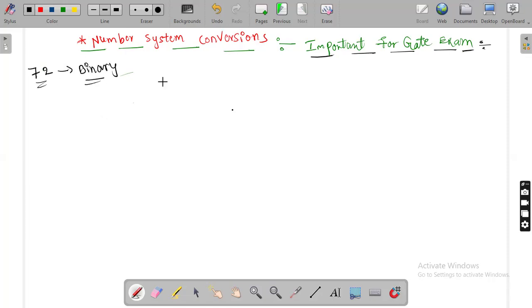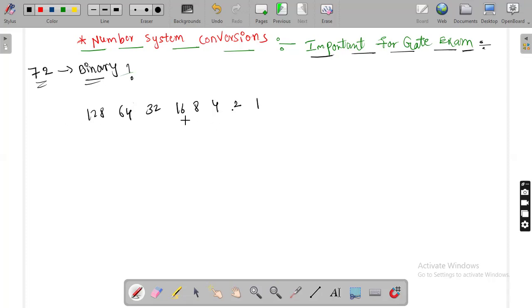So this is a decimal number. How to write binary for decimal numbers? If you want to write binary for decimal numbers, you have to follow this rule: powers of 2. What are the powers of 2? 1, 2, double of 2 is 4, 8, double of 4 is 8, double of 8 is 16, then 32, then 64, 128, 256.